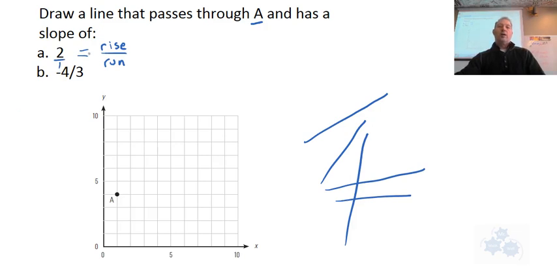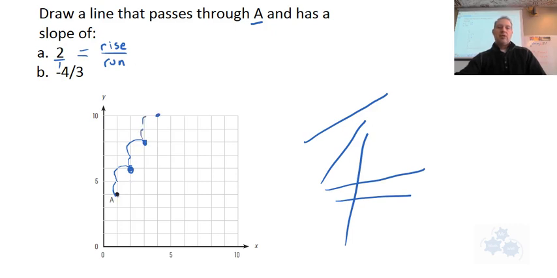So 2 over 1. What you do is you start at point A, go a rise of 2 and a run of 1, and you put another point down. There's your next point. You can do that indefinitely. You can keep going, 2 over 1, and so on.